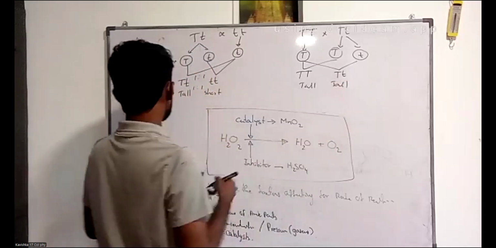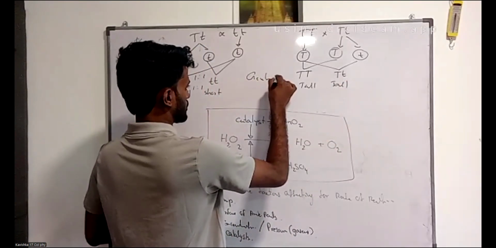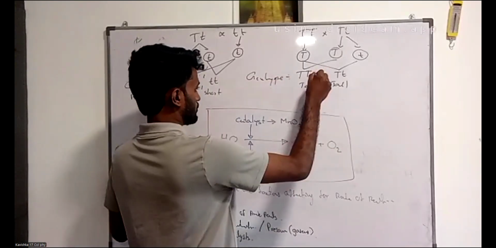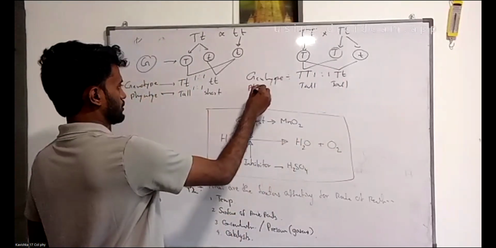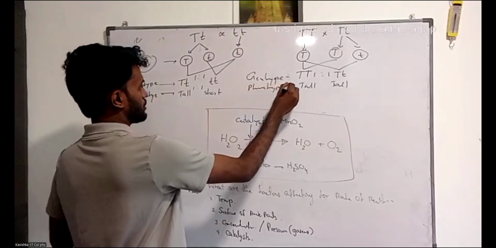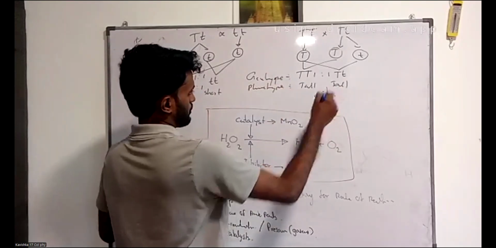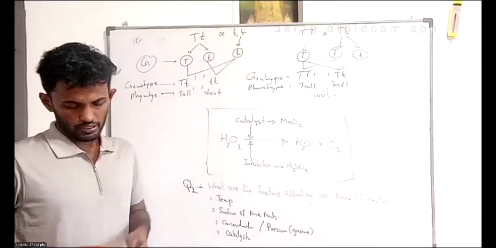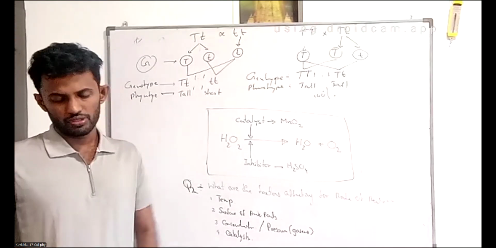So here also the genotype is 1 to 1, but the phenotype is 100% tall. So for this question, since they ask for genotype, both the first and second one can be accepted.